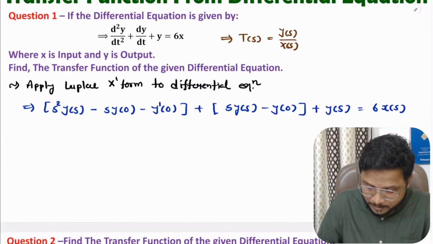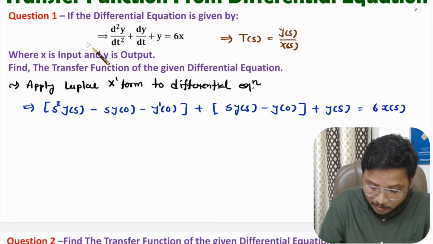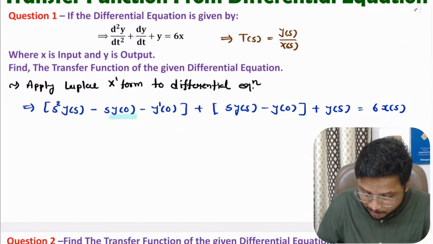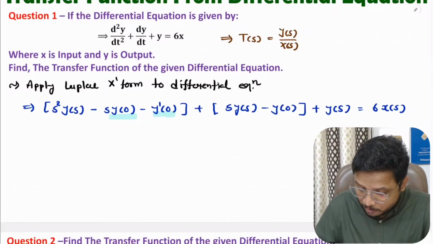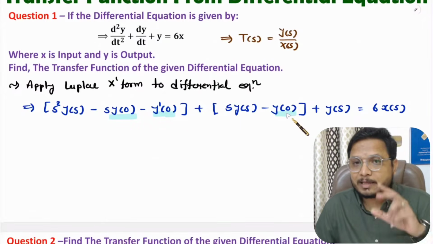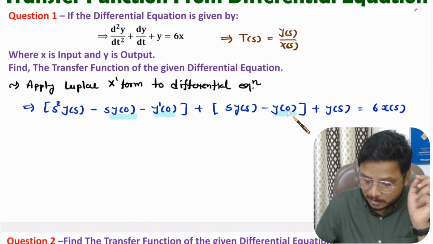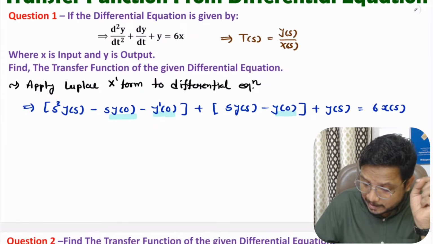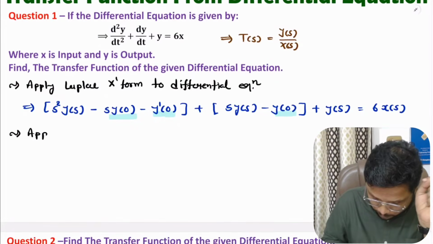Now if you observe, we don't have any nonzero initial conditions, with y of 0, y dash of 0 and y of 0. So you can consider the initial conditions as 0.